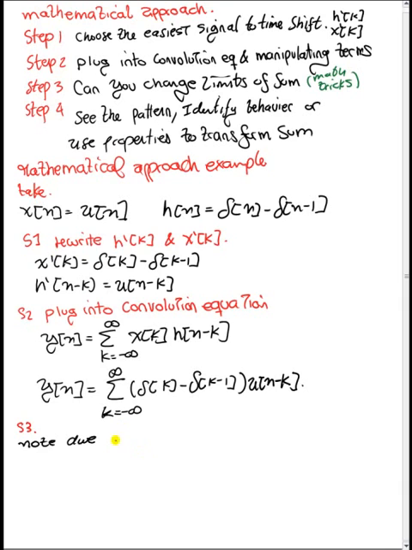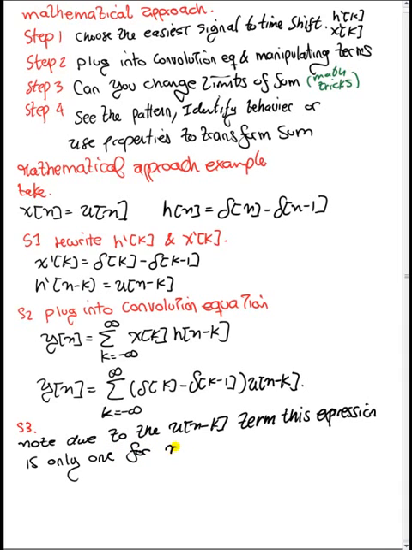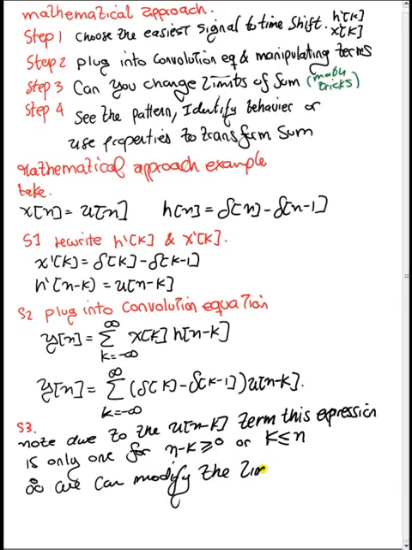So let's write that. Due to the u of n minus k term, and therefore we can modify the limits, which we will do in the next page.